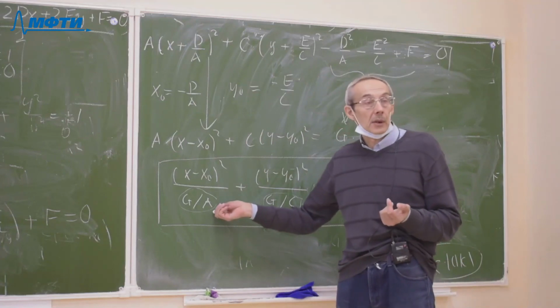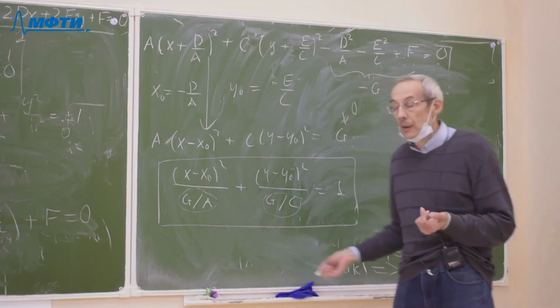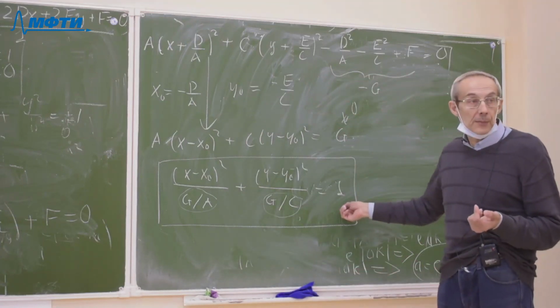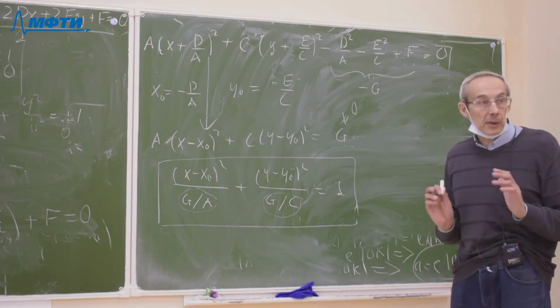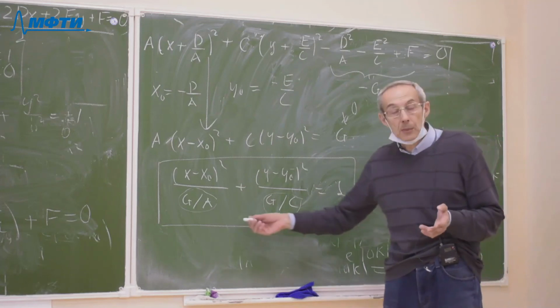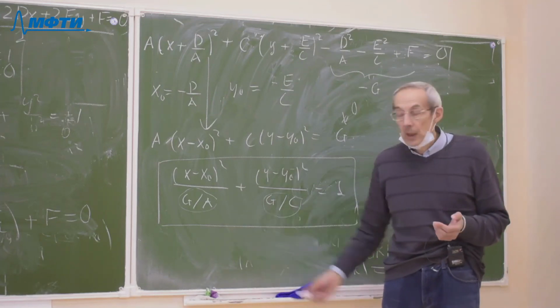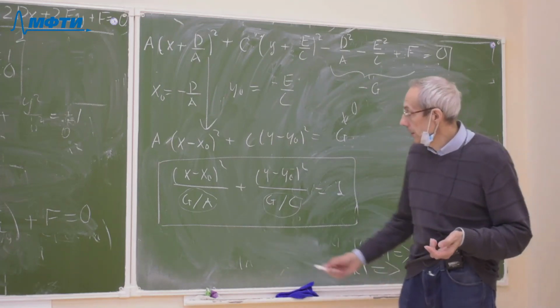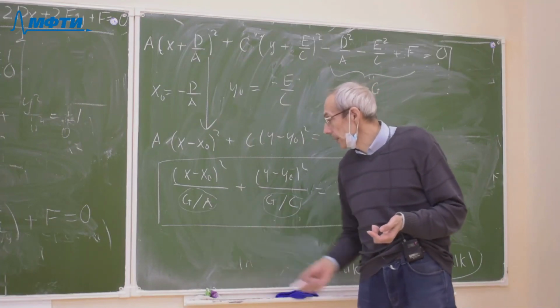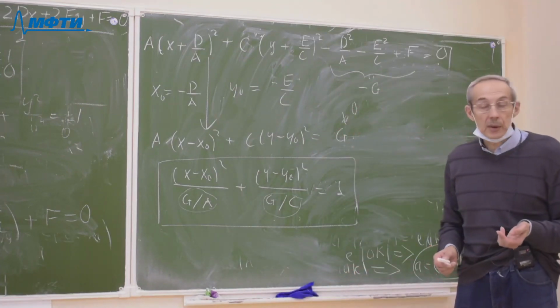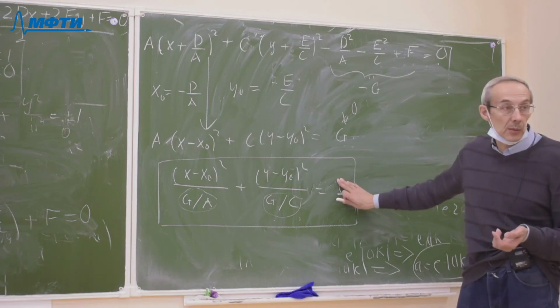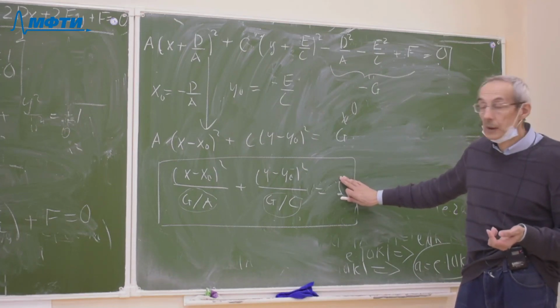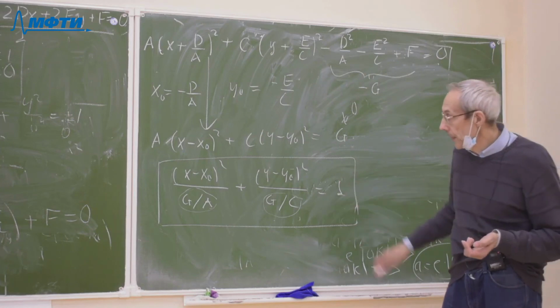If the sign is negative, we obtain an imaginary ellipse. It's an empty set, but in the complex plane, we obtain some complex curve. If the signs of these expressions are different, we obtain in this case a hyperbola. The right-hand side is not equal to 0.